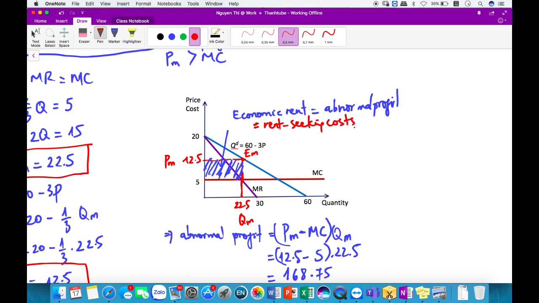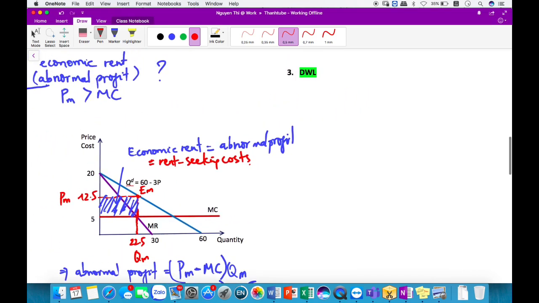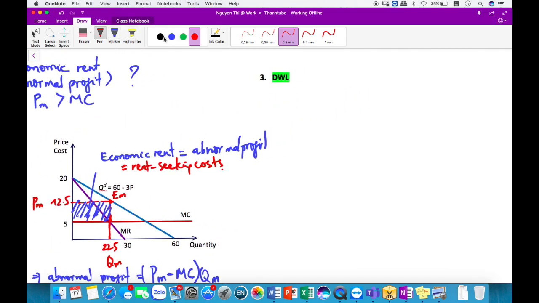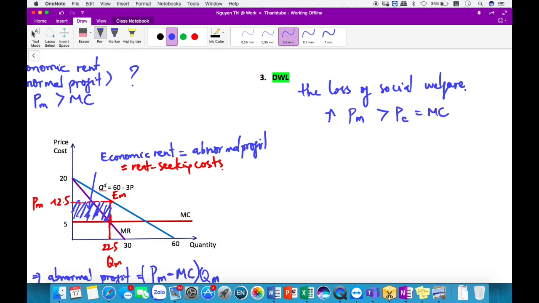Let's move to our next question, to define the deadweight loss. The deadweight loss is the loss of social welfare because the firm increases the price, which is higher than the price under competition, equal to marginal cost, and reduces the quantity, QM, lower than QC, the output under competition.